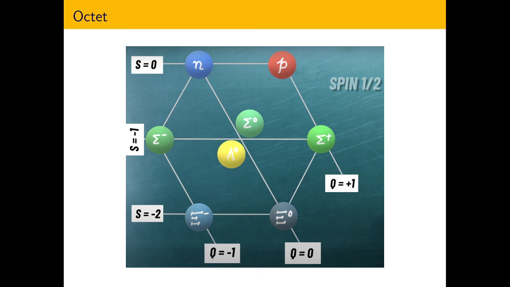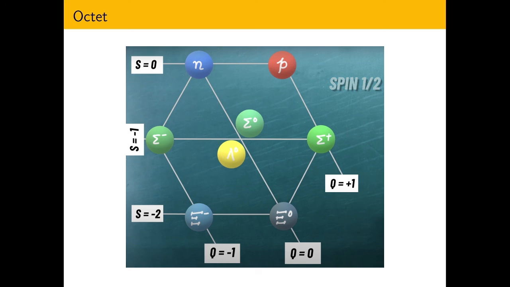But those particles which are formed from strong interactions decay through weaker forces. So it's strange, right? It's formed by the strong force and it's decaying through the weak force. This is named strangeness. That's all that strangeness means.